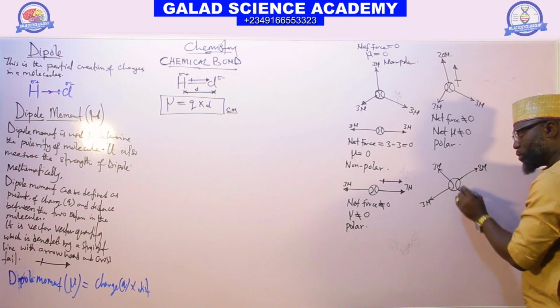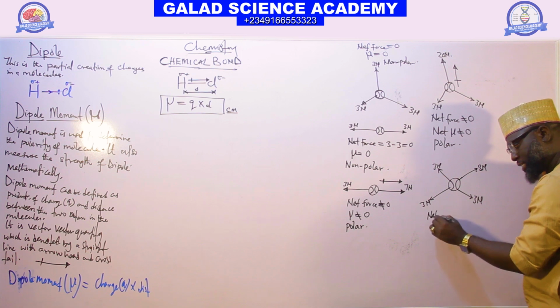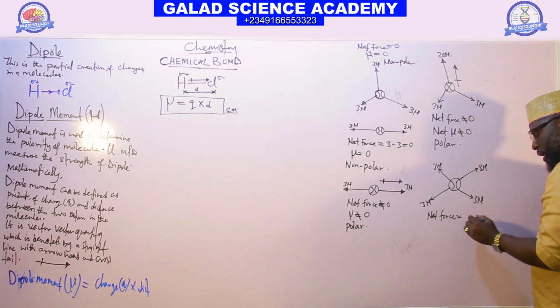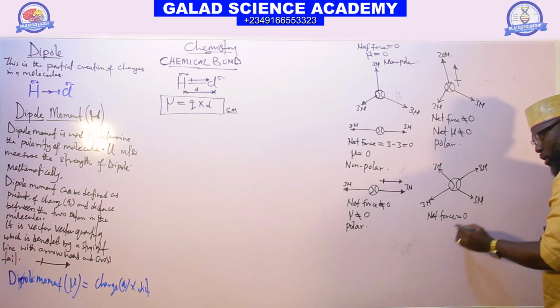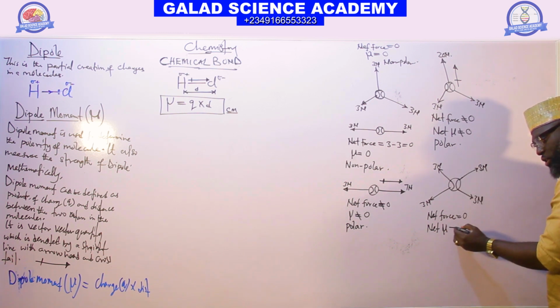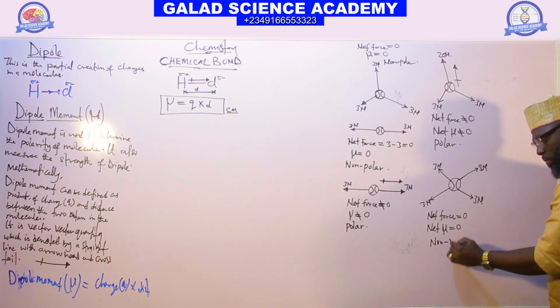You are now asked to find the net force. Since the forces are equal, the net force is equal to 0, then the net dipole moment is also equal to 0, then the molecule is non-polar.